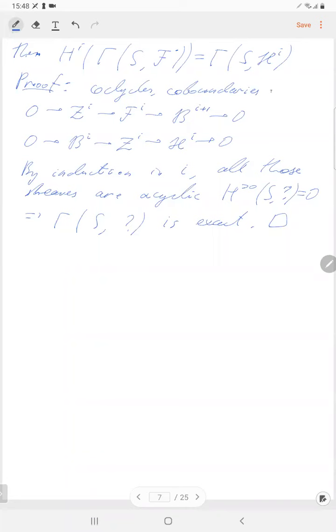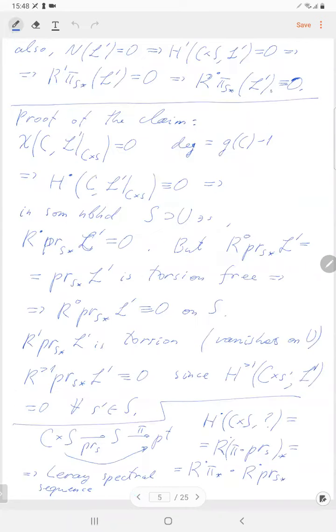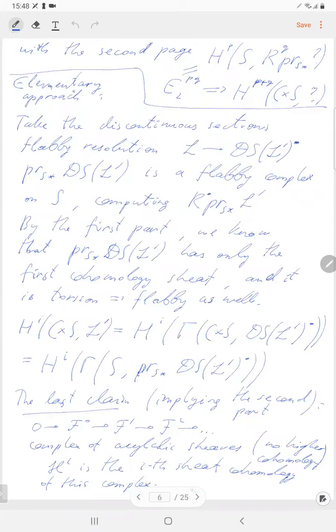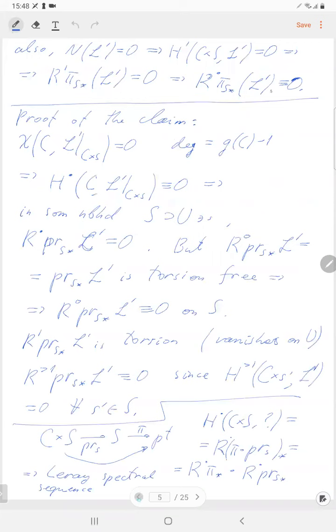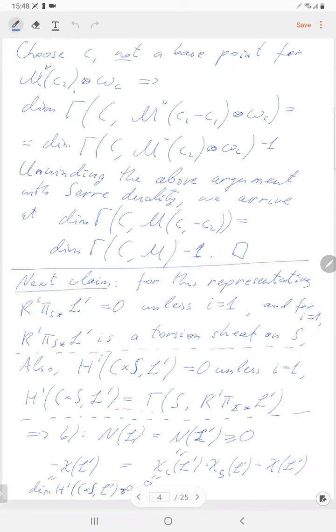Okay, so finally we are done with all the abstract nonsense, and this was needed to prove a lot. The claim, what was this claim? Here it was, page 4. So finally proved this thing, right?